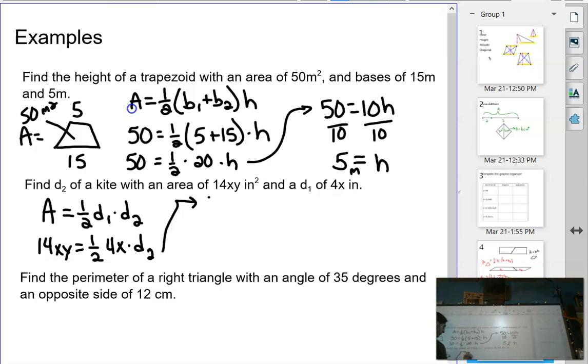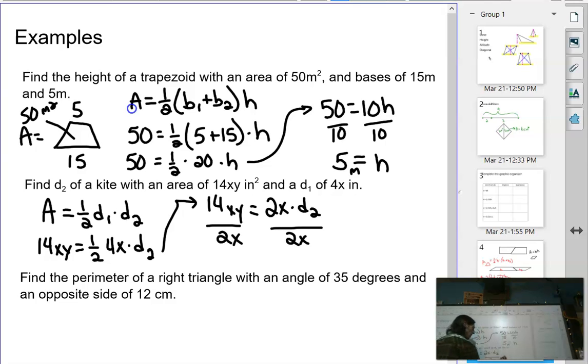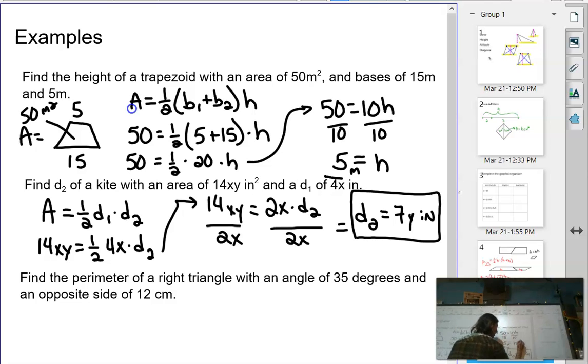Okay, so I get 14xy equals 1/2 of 4x, which is 2x, times D2. Now, I'm going to divide both sides by 2x, and I get D2 equals 14xy divided by 2x, which is 7y inches. I'm going to put my boxes around my answers.